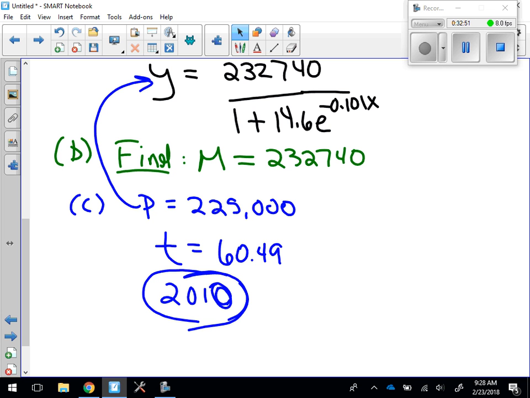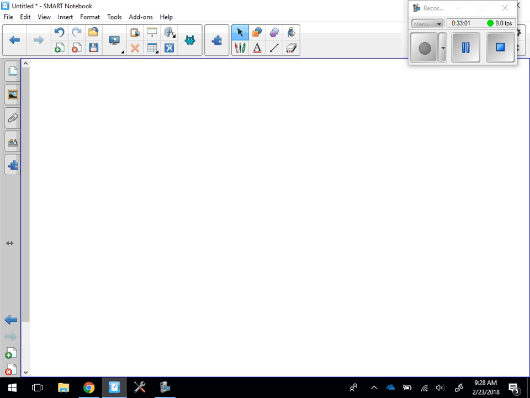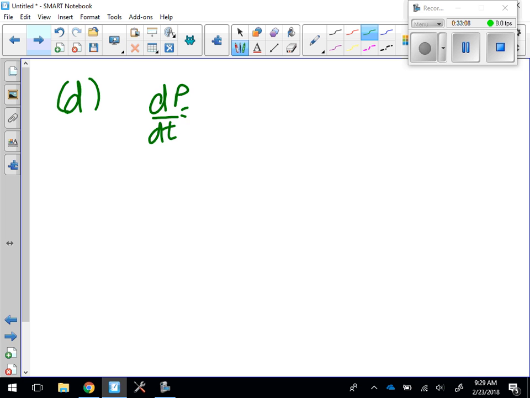All right, so what does part D ask us to do? Okay, so we want to go back to our other form. So again, that was why when we wrote down our logistic differential equation that was fit using our calculators, that we compared to our original equation.